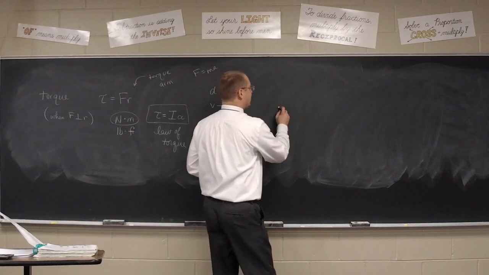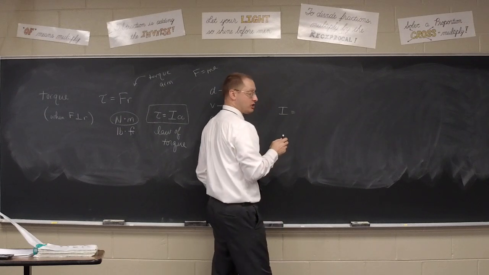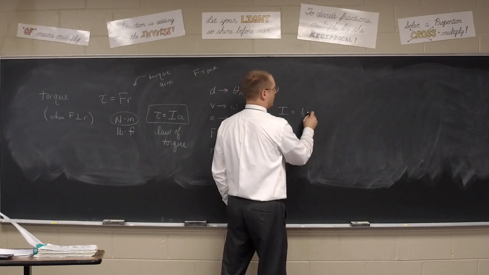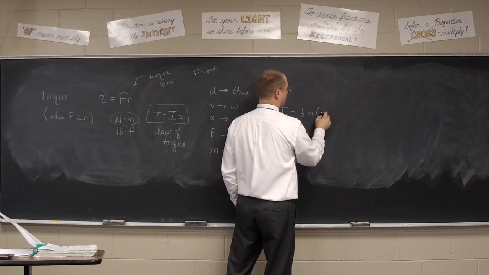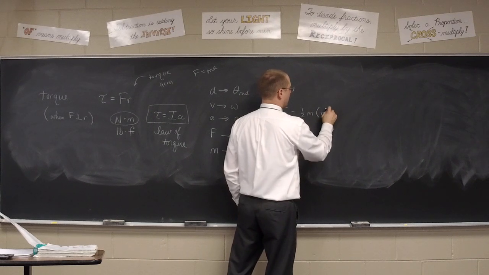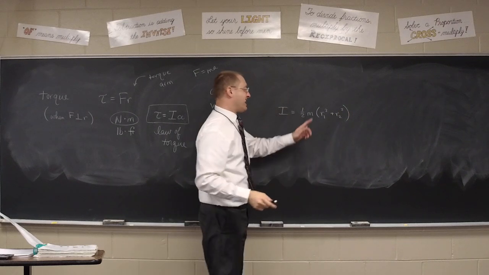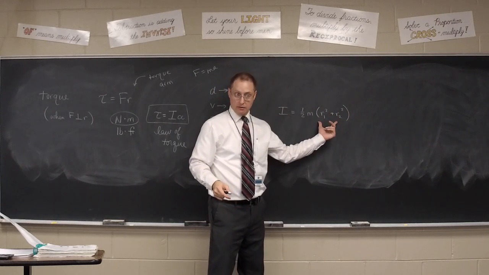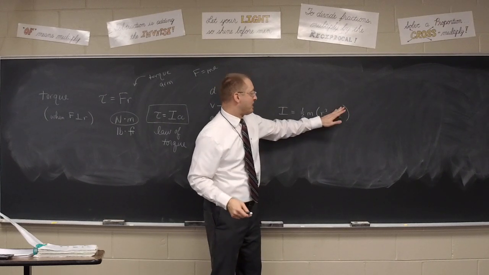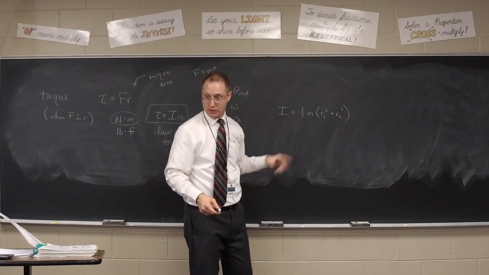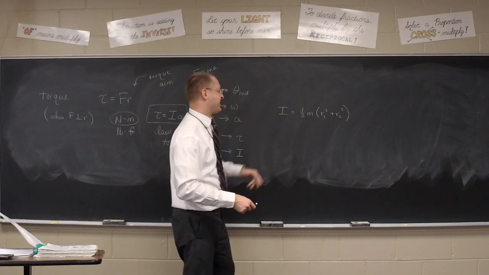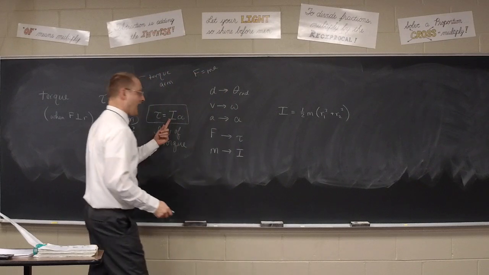And so the I is going to be calculated using the equation 1/2 m times the product of r squared plus r squared. We square the two radii, add them, multiply that by the mass and take half of it. That's going to give me the I.